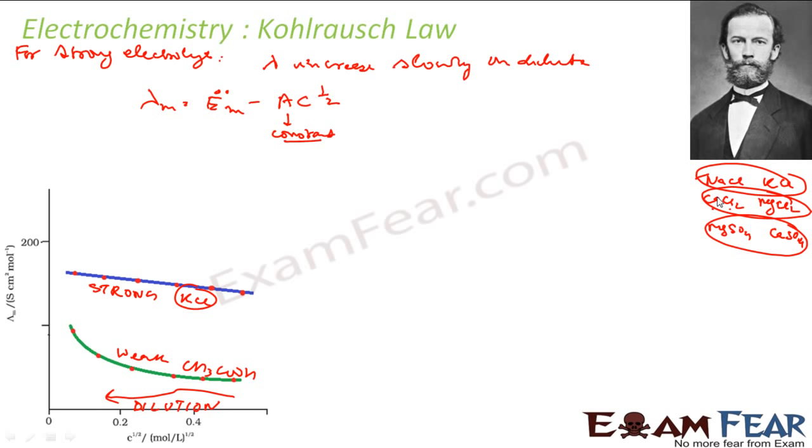This A depends on the number and types of cations and anions produced. So all electrolytes of a particular type will have the same value of A, correct? But if we talk about the variation of molar conductivity of a weak electrolyte, that is not a linear function. You see, this is a linear function, this is not a linear function.